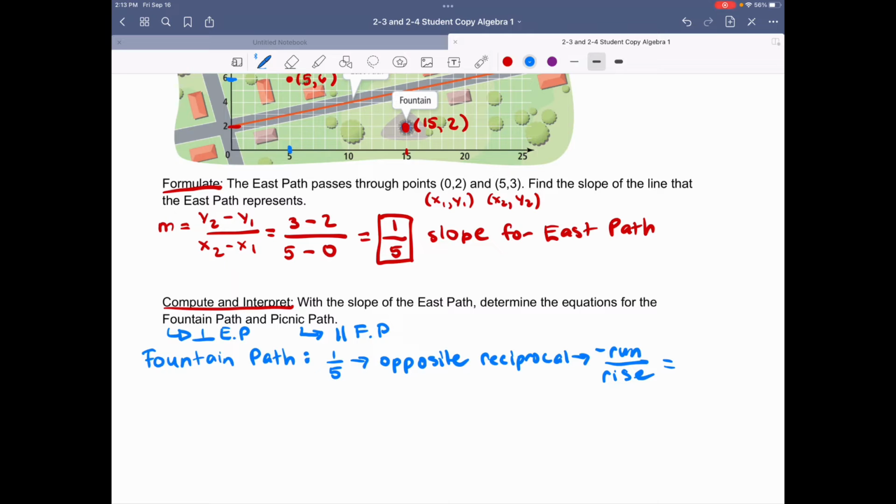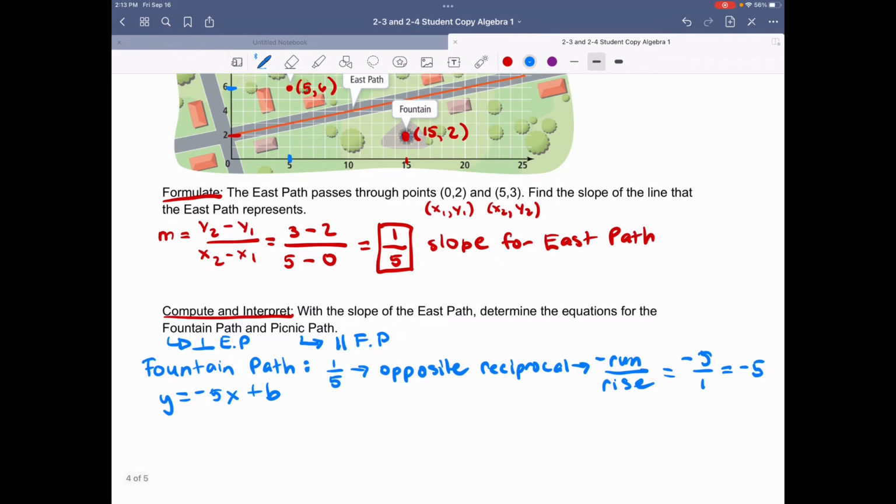And plug in the numbers, which is minus 5 over 1, or to simplify that, negative 5. And so we have the slope for y equals mx plus b. So y equals minus 5x plus b.